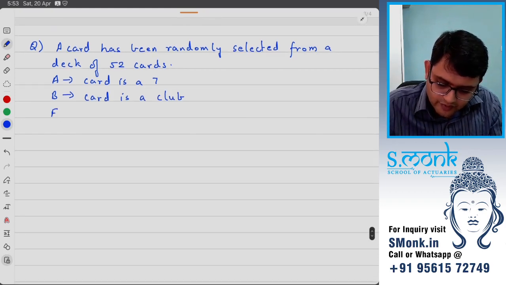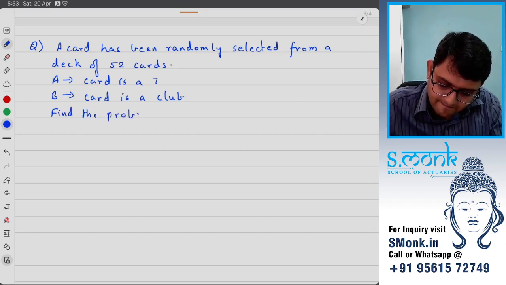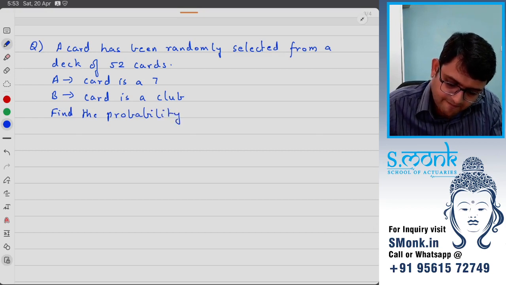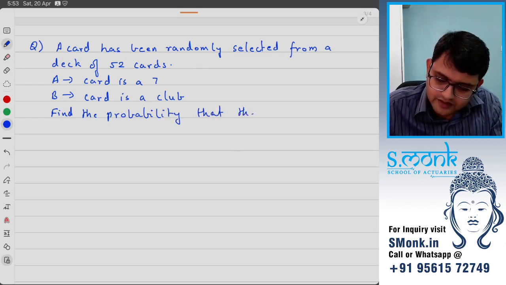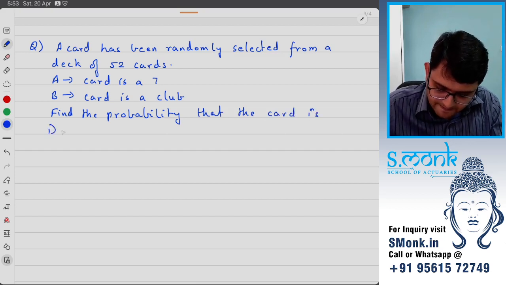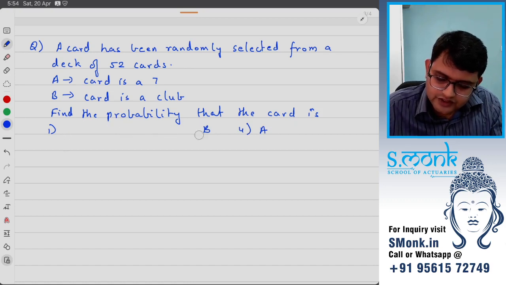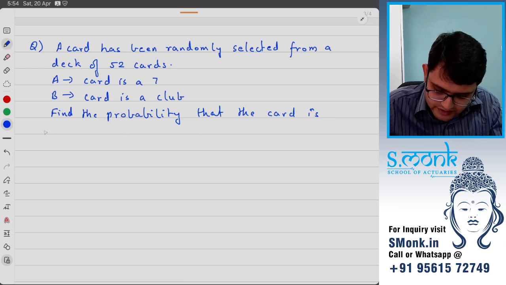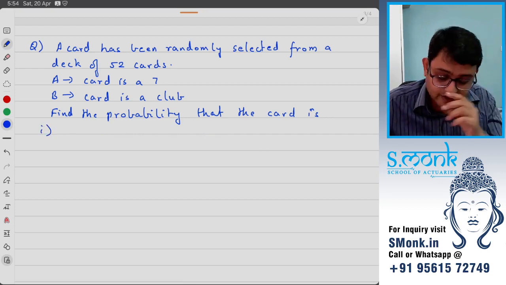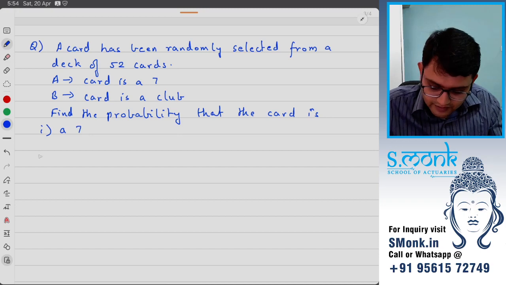Now I want to find the probability that the card is, first, a 7.